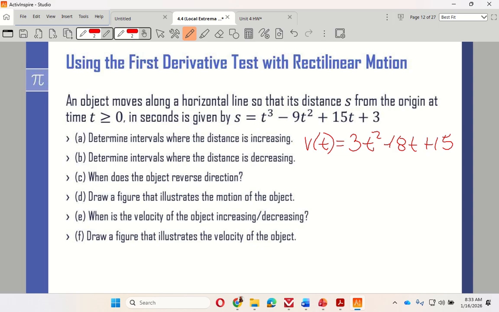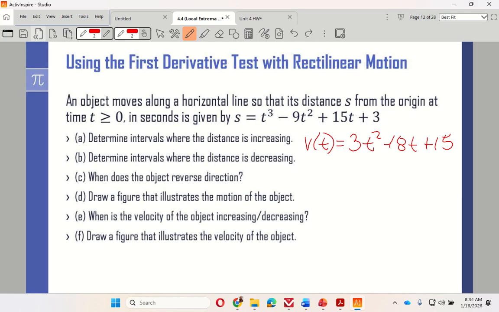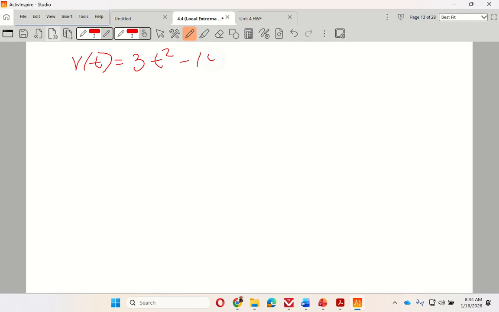All right, so what do I do from there? It says determine intervals where the distance is increasing. All right, so let's go there. So I'm going to say v of t is equal to 3t squared minus 18t plus 15, and I'm going to go 0 equals, and I'm going to factor this out.